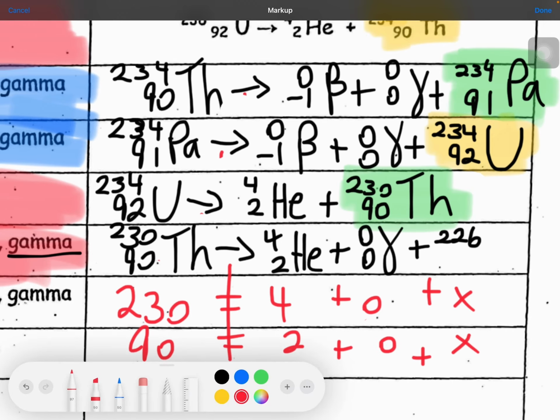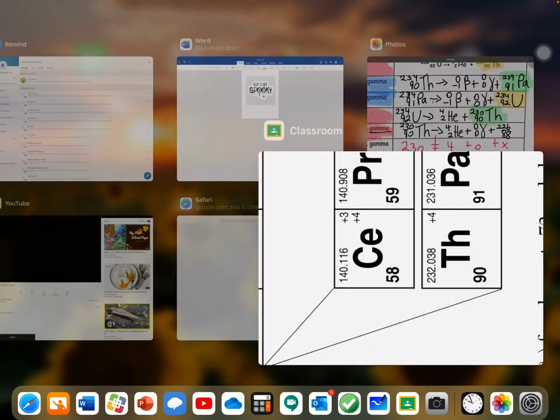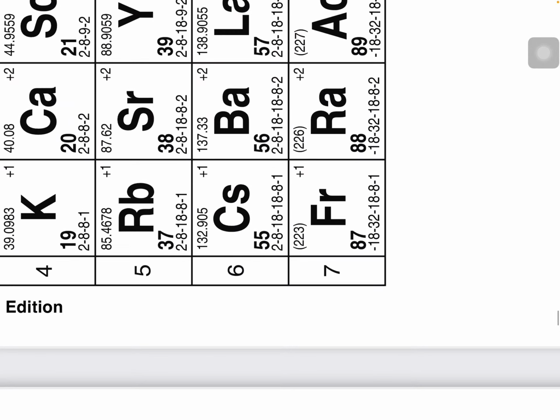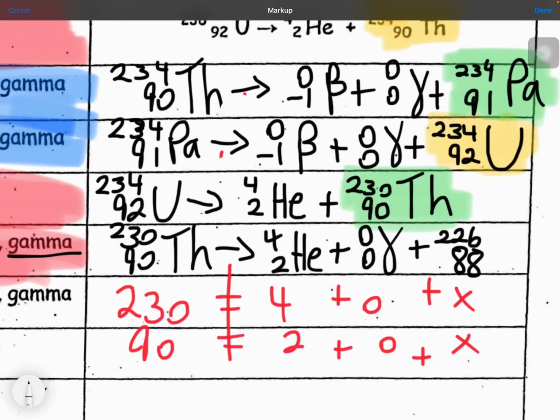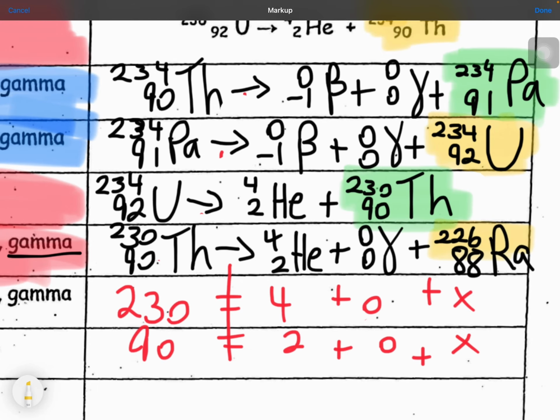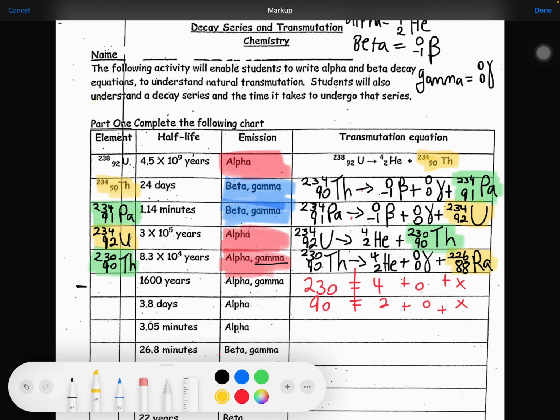So what would x have to be? It would have to be 88. And which element is element number 88? We see element 88 comes out to be Ra. So again, we take our 226/88 Ra, and we move it down here.